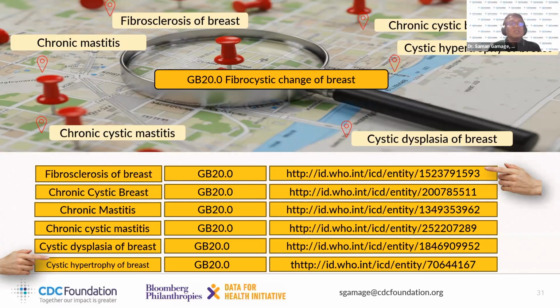In other words, these are index terms under fibrocystic change of breast. However, you can see they have different unique entity addresses. These are uniform resource identifiers. So in the ICD-11 Foundation, these entities have specific locations, but they don't have specific codes. They all share the common code GB20.0, and these conditions are listed as index terms under the fibrocystic change of breast, GB20.0.